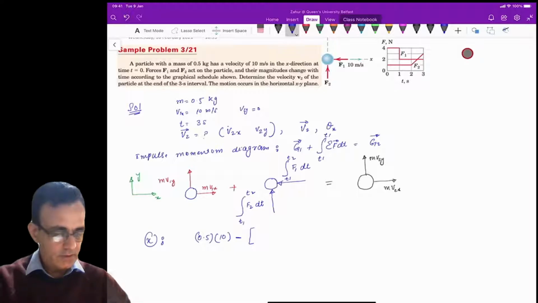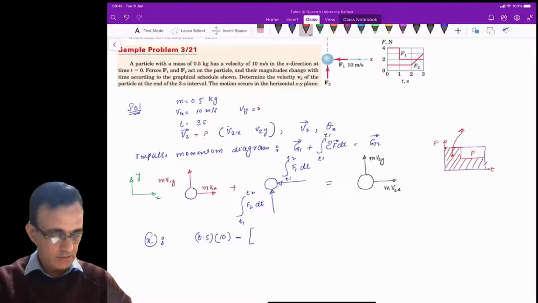If you look at this figure here and take this F1, which is changing this way, the area under the curve has time on this axis and force on this axis.